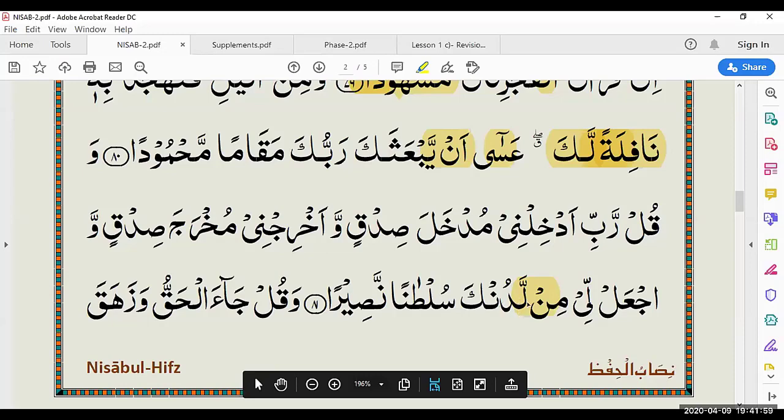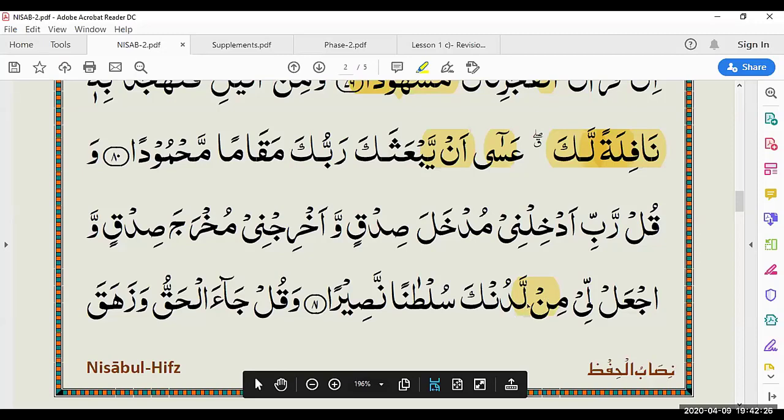So everybody, if you don't know, just note it down for next time, right? Here, this one is idgham kamil because we have lam tashdid. If you have either lam tashdid or ra tashdid, and the letter before that is either noon sakin or tanween, then it's idgham kamil.